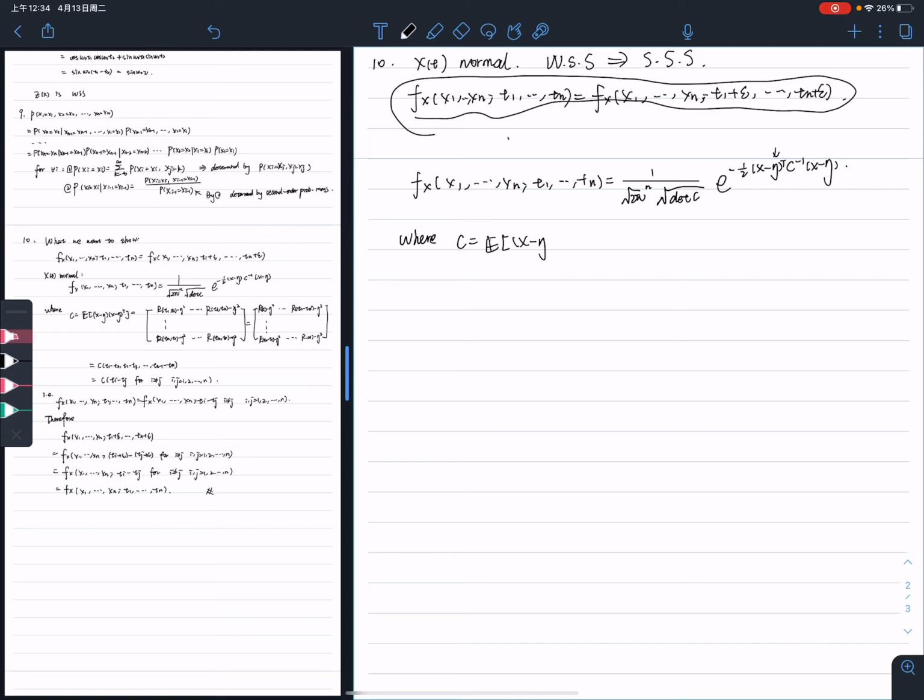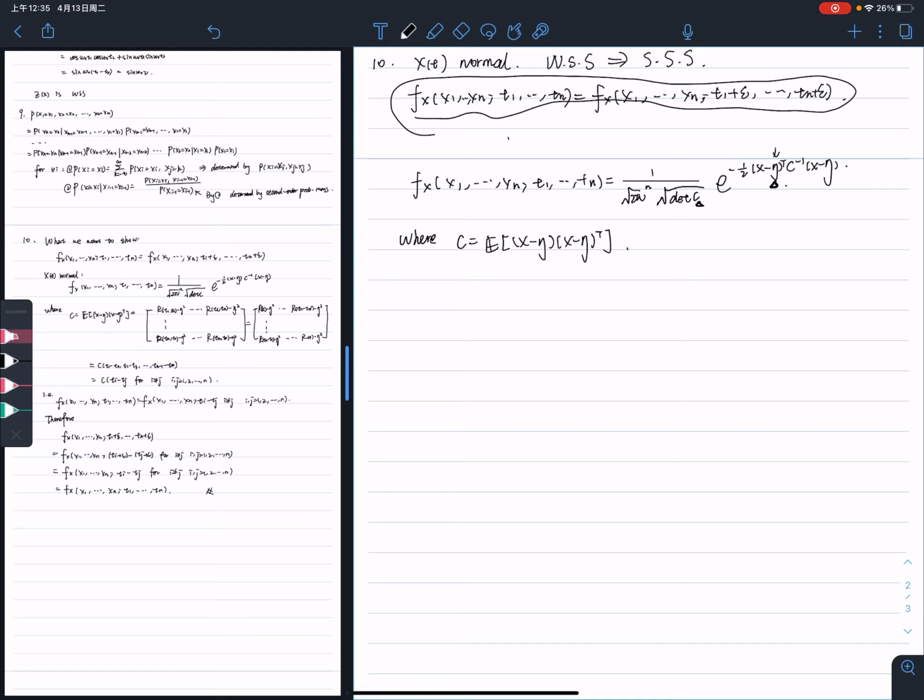By the property of wide-sense stationarity, we know that eta is a constant, so the mean is constant, and the covariance matrix should be determined by t2 minus t1.